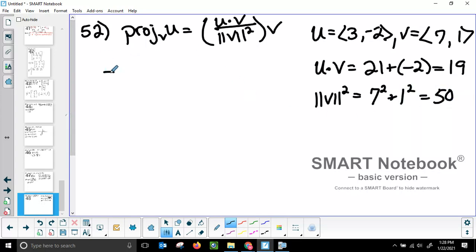All right, so plugging it into this formula here, we're going to get 19 over 50 times my vector V, which is 7, 1.